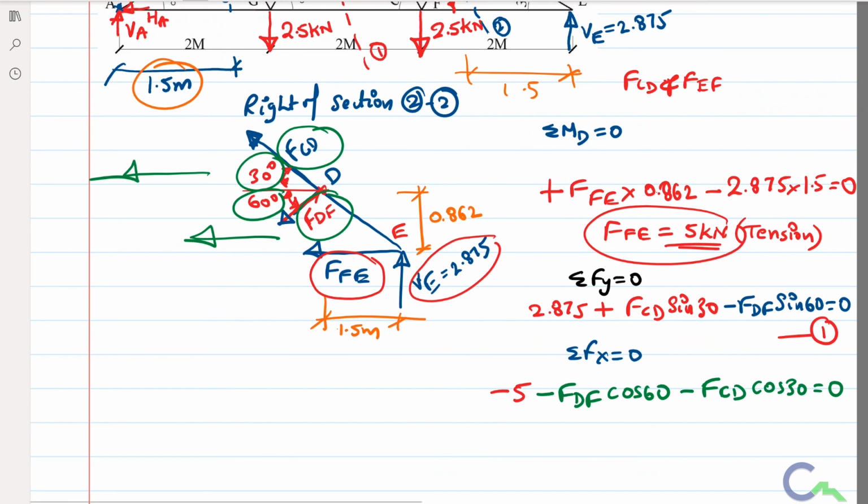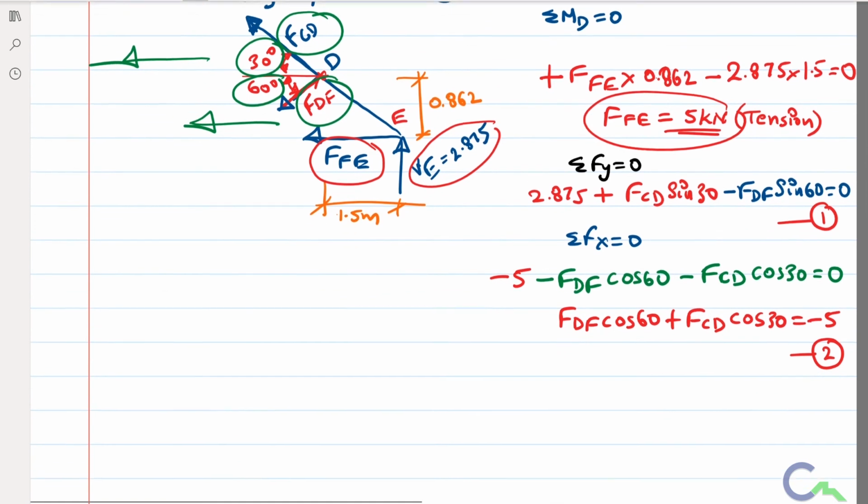If I simplify this, I get FDF cos 60 plus FCD cos 30 equal to minus 5. I take this as equation 2.